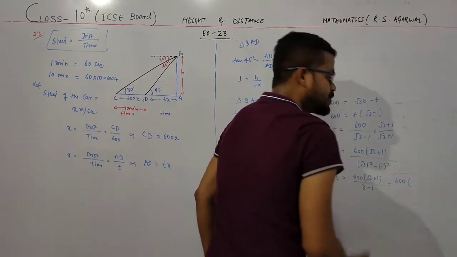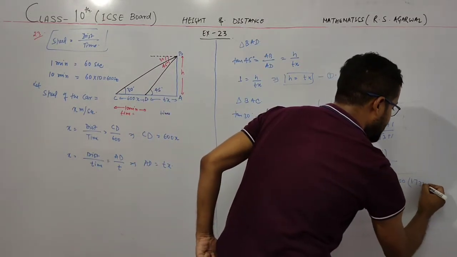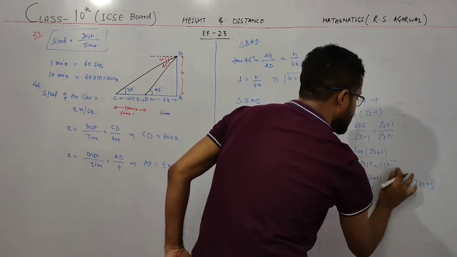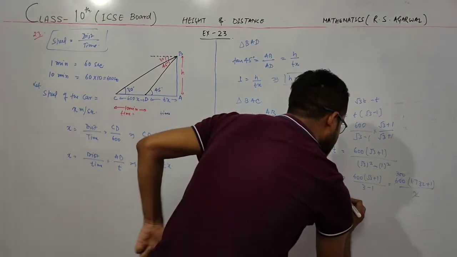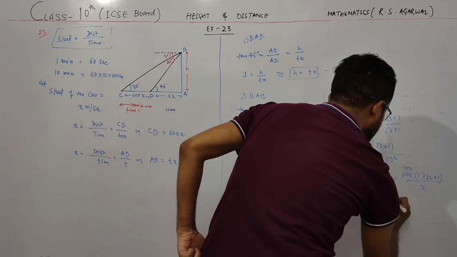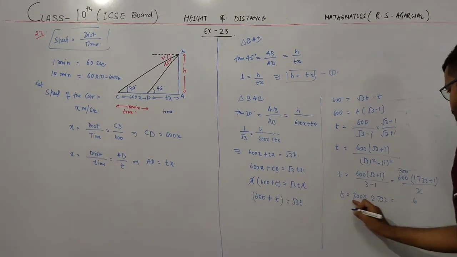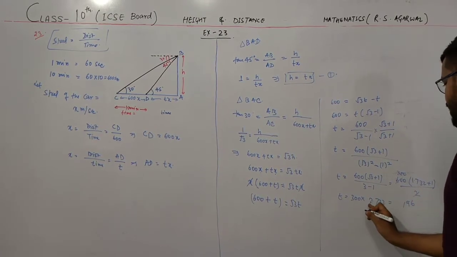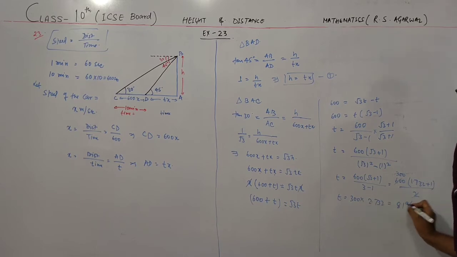This is 600 into root 3. Value of root 3 is 1.732. So 1.732 plus 1 upon, this is 2. So this is cancel out. This is 300. So t is equals to 300 into 2.732, and multiply this. 3 into 2 is 6, 3 into 3 is 9, 3 into 7 is 21, and 3 into 2 is 6 and 2 is 8, 00.